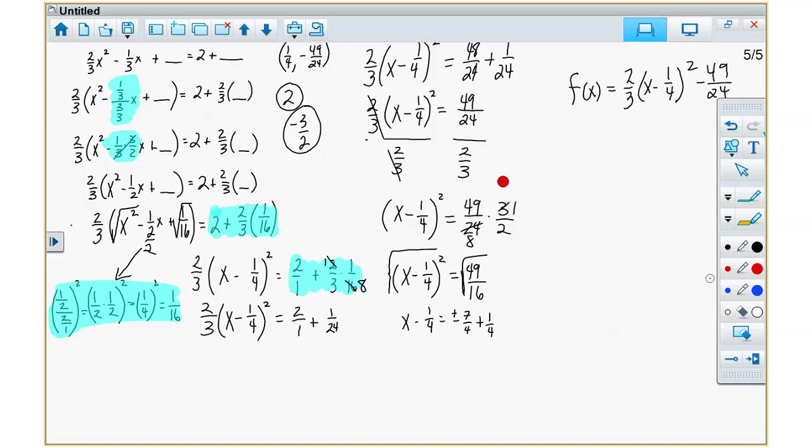And then, of course, if you want to draw it out, the vertex is at 1/4, -49/24, about -2, the x-intercept is -1.5, and the y-intercept is (0, -2).